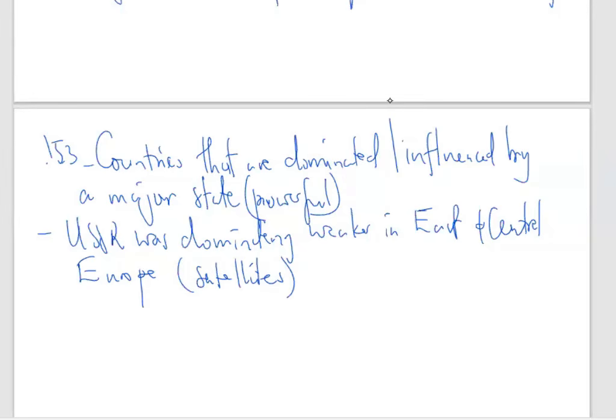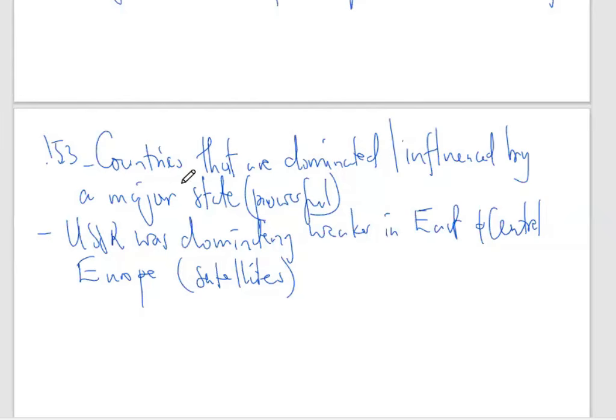The leaders were pro-communist, so they would listen to communist ideologies. Whatever those governments were doing, they were doing it in support of communism because they were satellite states of the major state, the USSR. That's the idea of satellite states, whichever way you define it, but that's the context.